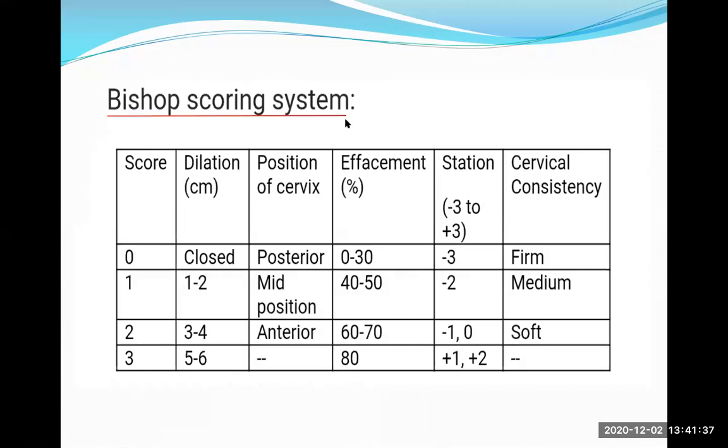This Bishop score has 5 important headings. First, dilatation of the cervix. Second, position of the cervix. Third, effacement of the cervix. Fourth, station of the presenting part. And fifth, what is the consistency of the cervix?